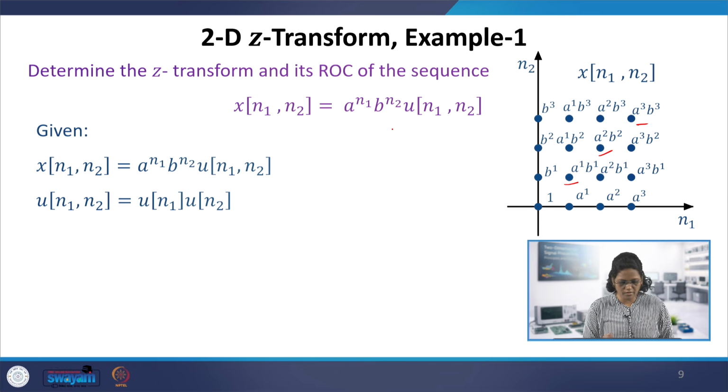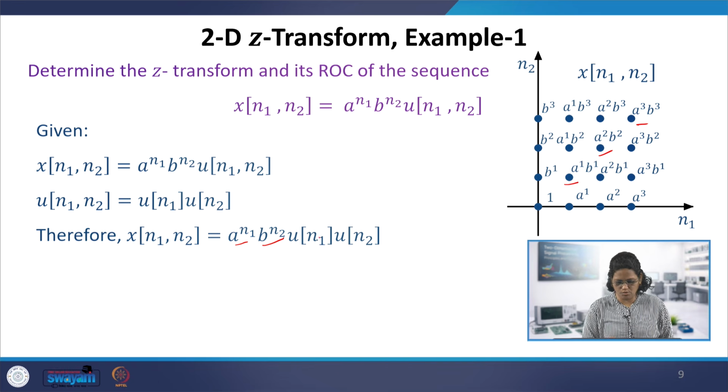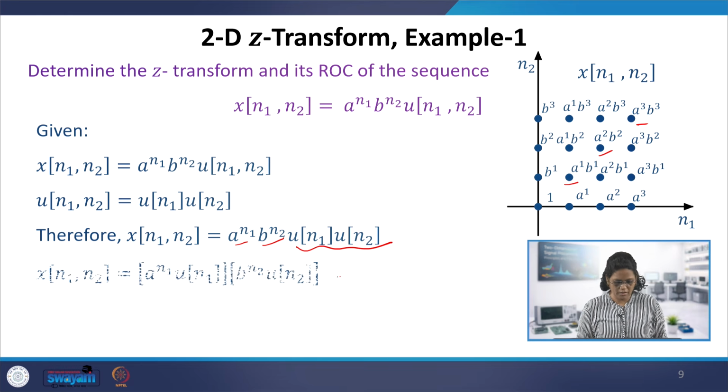And if you write x of n1 comma n2 with a power n1, b power n2 and separable u of n1 and u of n2, then we can combine these products, n1 terms separately and n2 terms separately. So a power n1 and u of n1 combine, and b power n2 into u of n2.